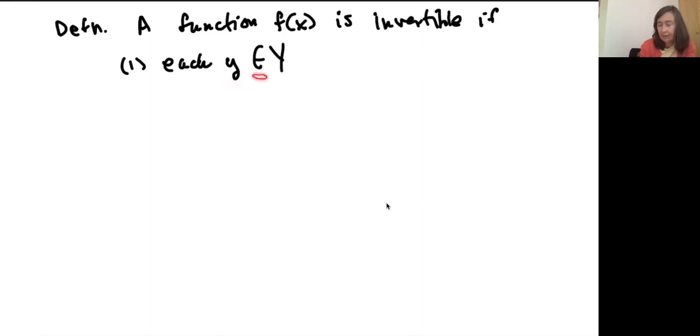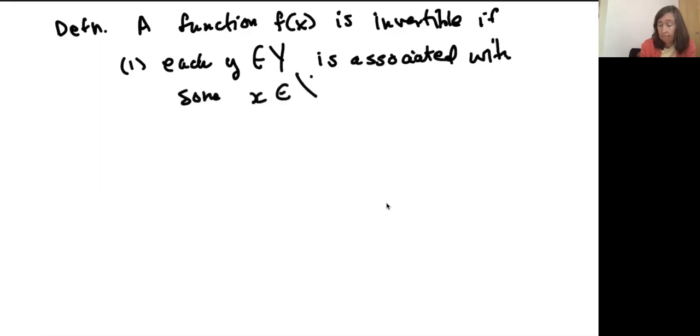This thing that looks like a euro sign actually means it's an element of a set. And the big letter Y here indicating that's the set that the little y's are members of. Each y in the range is associated with some x in the domain. Okay, so it's a function if the inverse mapping gives you an answer in the domain of the original function for the y in the range.